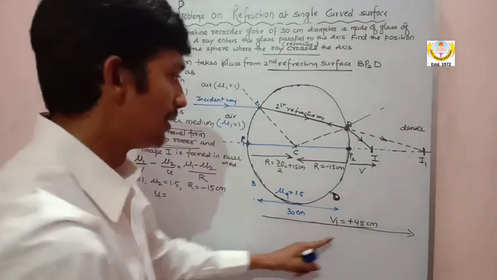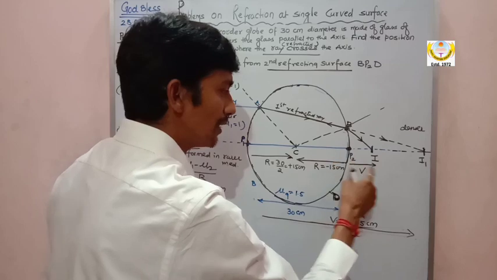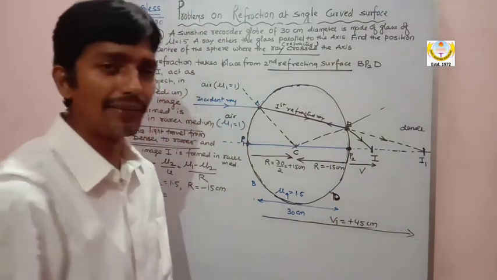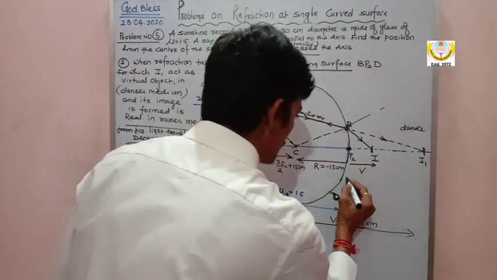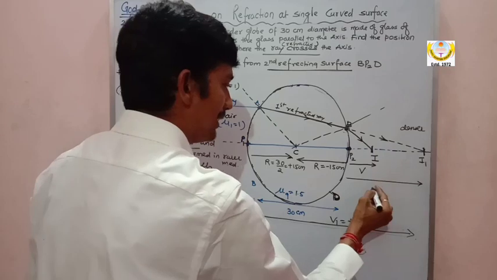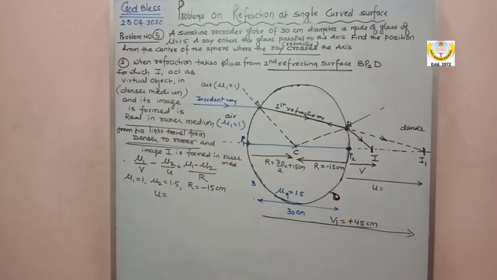And your u is now, who is u? The answer is P2I1. P2I1 is u. You can see P2I1, not P1. P2I1 is your u. And how will you get P2I1?